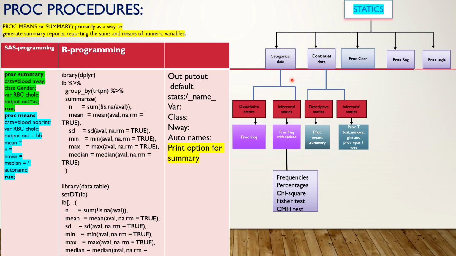For categorical data, we do descriptive statistics and inferential statistics. For continuous data also, we do descriptive statistics and inferential statistics.